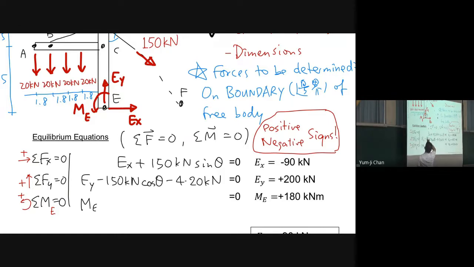We have these 4 forces, and all of them lead to moments. So are these positive or negative? Positive, okay? Very good. And so I write it in this way: 1.8 plus 3.6 plus 5.4 plus 7.2.